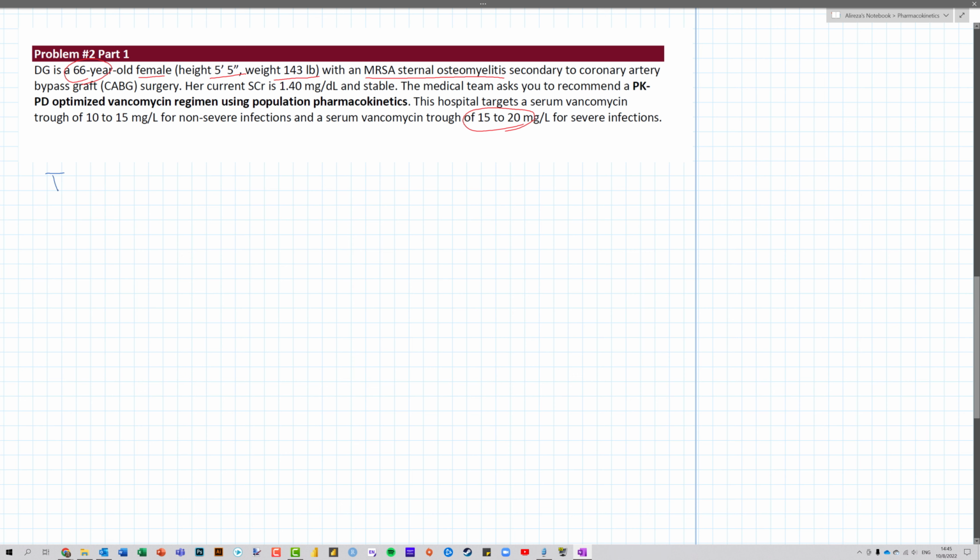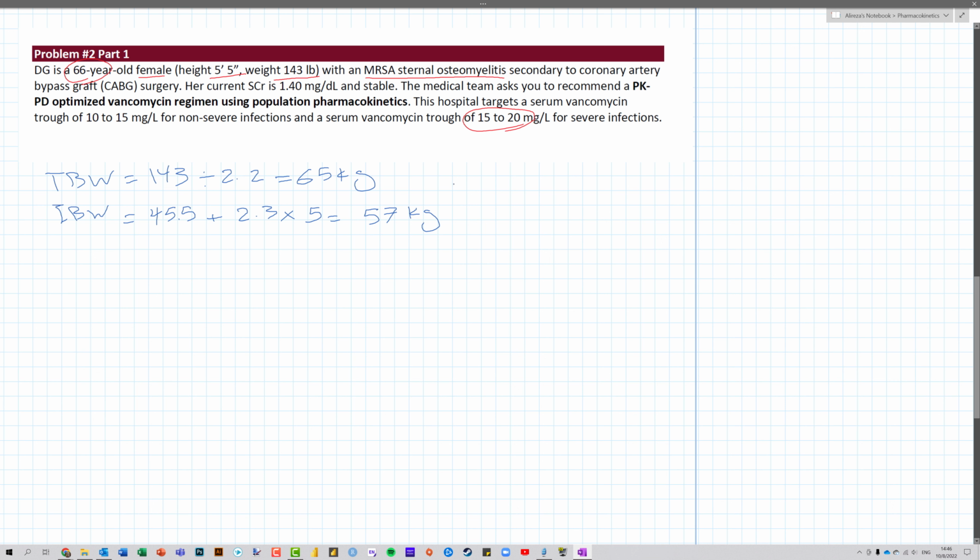So total body weight is 143 pounds divided by 2.2, which will give you 65 kilos. So 65 kilograms, that's total body weight. And then for ideal body weight, again, this is a female, so 45.5 plus 2.3 times 5 inches over 5 feet tall, which would give you 57 kilogram.